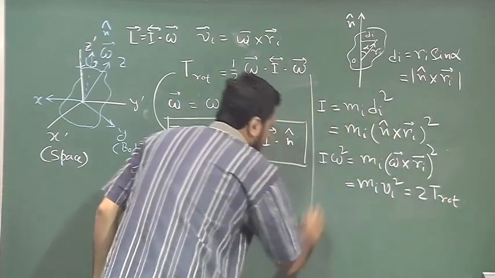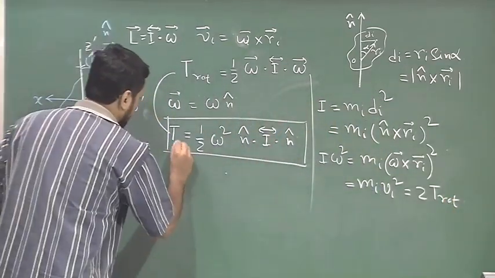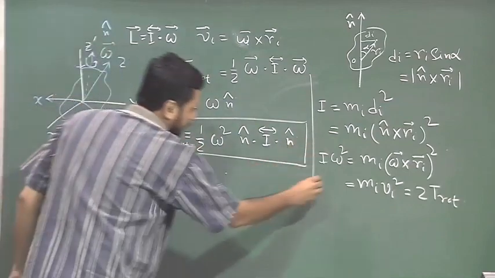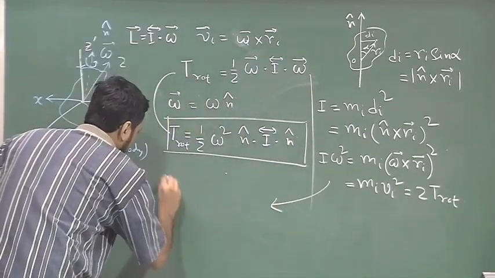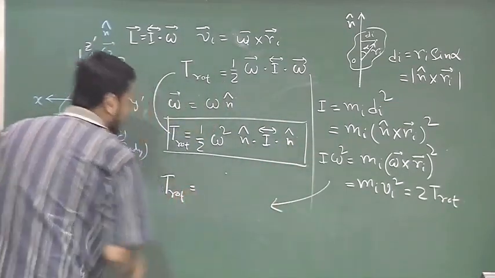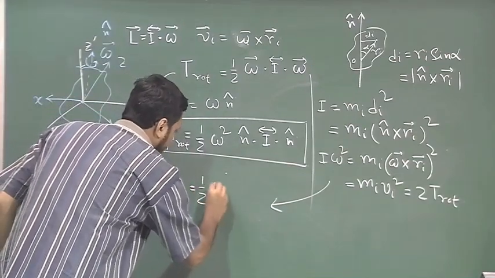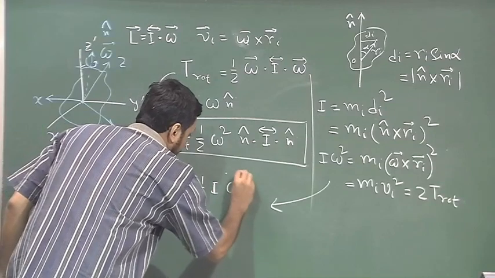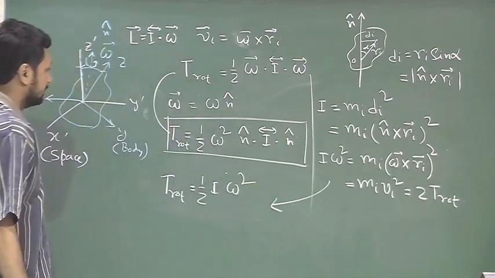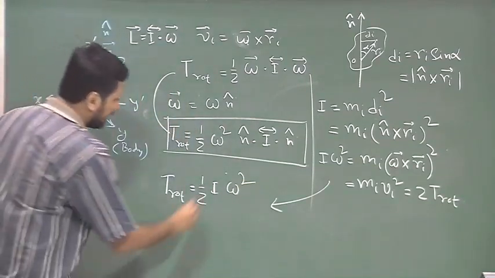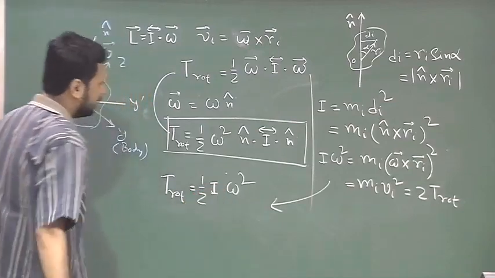So, once again we got another expression for T rot. So, this is one expression, and from here we got another expression for T rot, which is half I omega square, right.